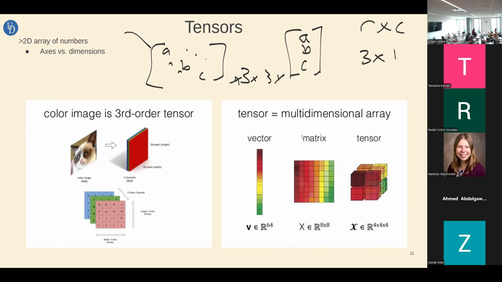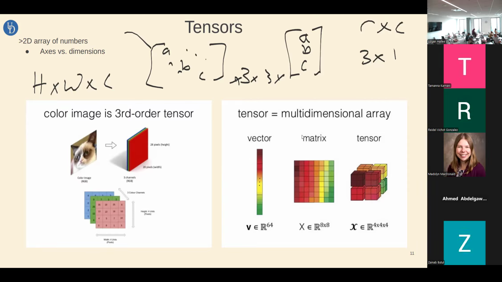One really important application of a proper tensor, in this case a 3-axis tensor, something by a, b, c in terms of dimension sizes, is an image. You'll see height times width times channels.